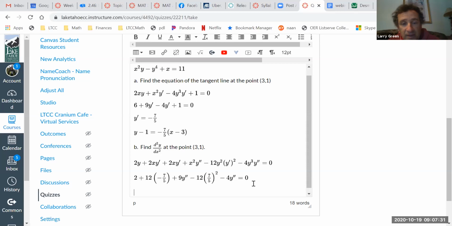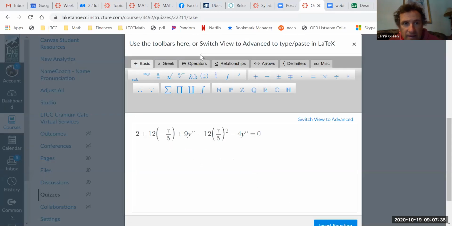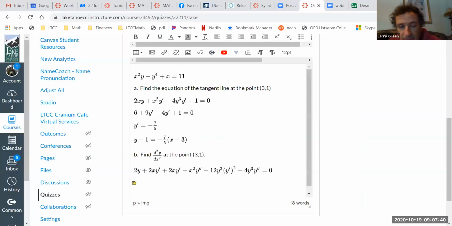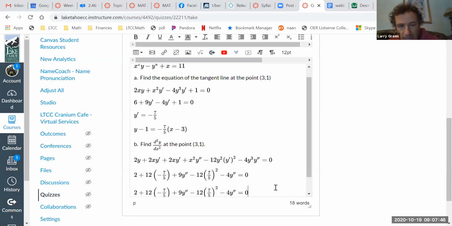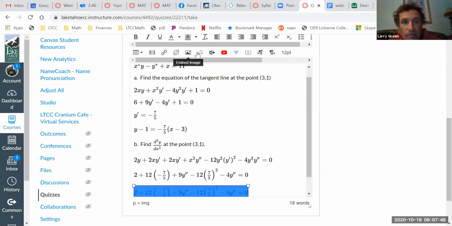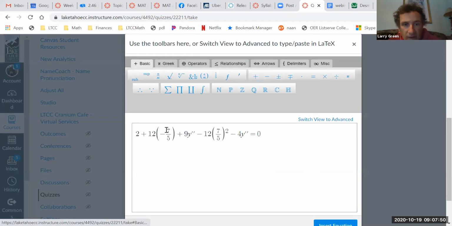Okay, so the last step is to solve for y double prime.